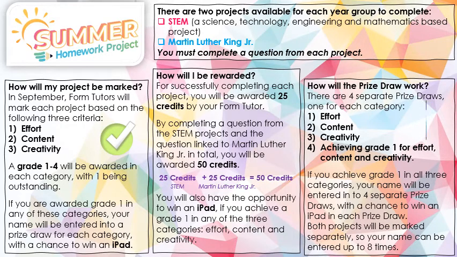Additionally, if you achieve a grade 1 in effort, content and creativity, all 3 criteria, your name will be entered into a 4th prize draw as well, increasing your chances of winning an iPad. Both projects will be marked separately, therefore there is an opportunity here for your name to be entered 8 different times.